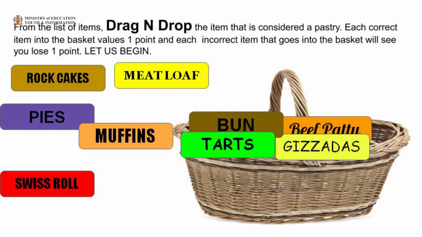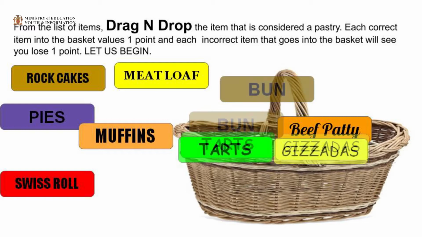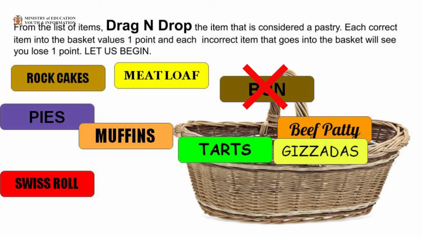Now, let us go back and look at the items that you have selected. Do you see any of them being used as a casing for food? Great. So, notice you would have selected bun. Are you seeing why bun is not a pastry? Yes, correct. It is not being used as a casing.